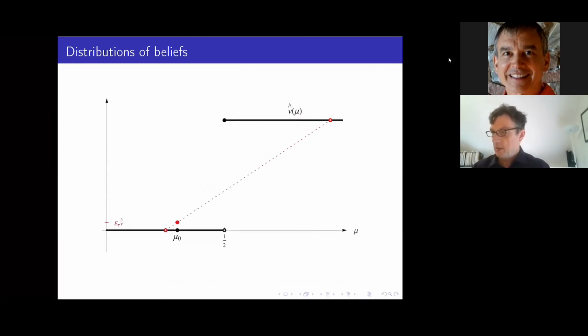Okay. How about other tests that we could run? Well, I could run less than perfectly informative tests. So, for example, I could run the test that is identified by the 2 dots that are on the lower and the upper black line. These are posterior beliefs that are neither 0 nor 1, but there is one on the lower line and one on the upper black line.